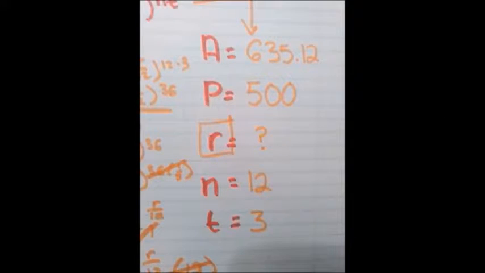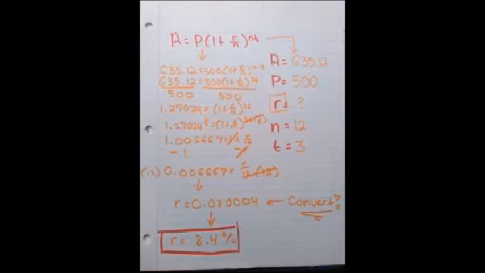After applying the values of the variables and substituting them back into the equation, we have 635.12 equals 500 times (1 plus r over 12) to the 12 times 3 power. In order to solve this, since it's a different format, we begin by isolating the variable r.